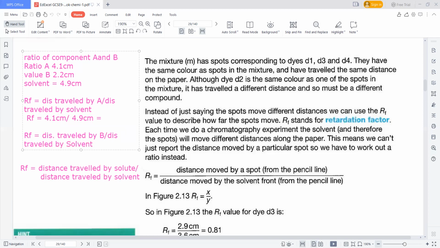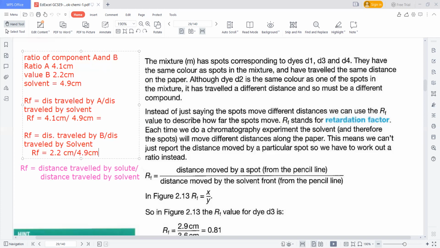Again, taking the same ratio, RF for B is 2.2 centimeter divided by 4.9 centimeter. That is how we can measure the retardation factor for everybody else, to measure how much distance is covered by the substances.